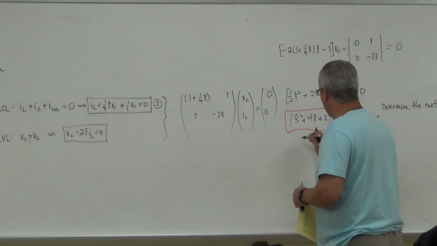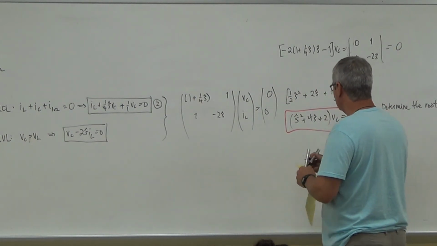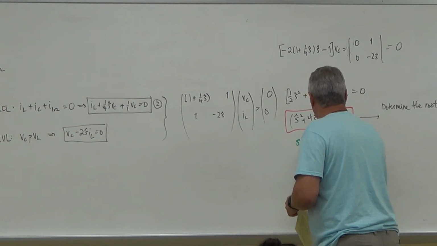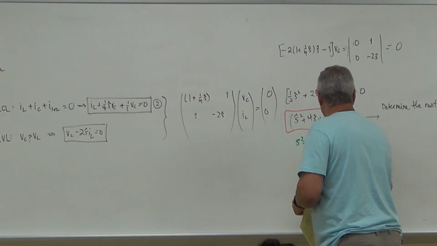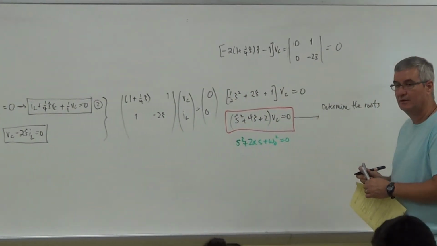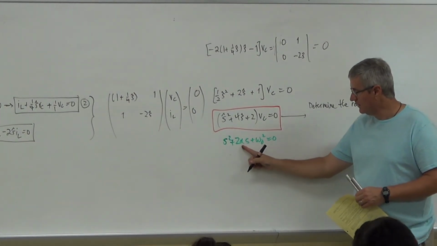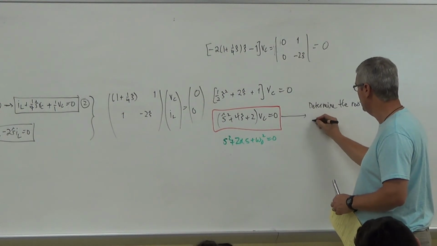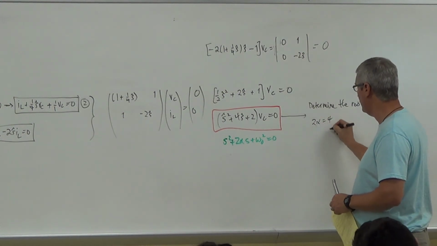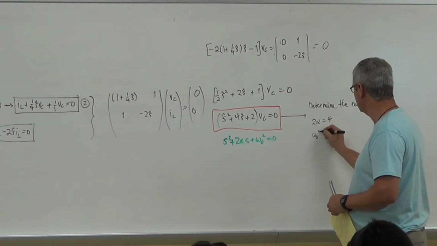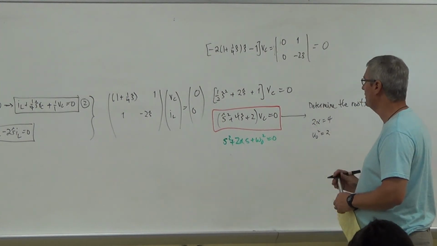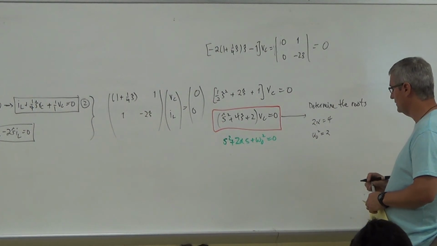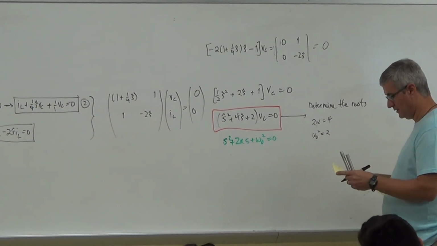The other way we could do it is to compare this to S squared plus 2 alpha S plus omega naught squared equals 0. I'm going to calculate alpha using this. If I compare these two, you see that I get 2 alpha equal to 4, and I get omega naught equal to 2.